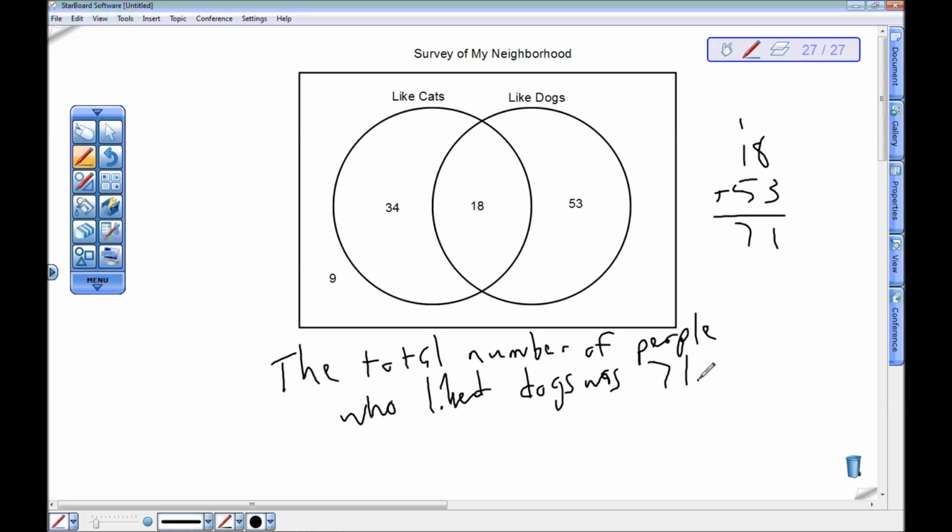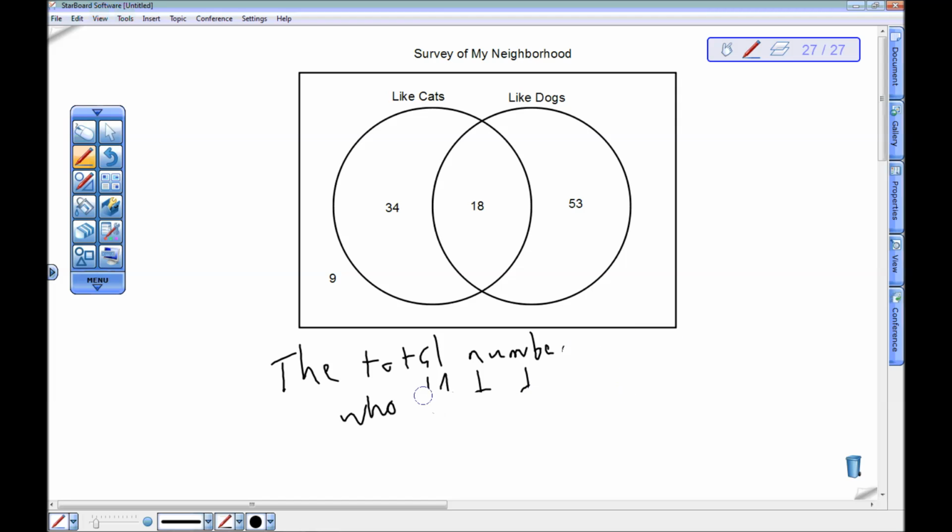And there's only one more piece of information here I can think of that I haven't said. How many people did I ask this question to? Or how many people here were surveyed? So, I can find that from this Venn diagram by simply adding together all of the numbers here.